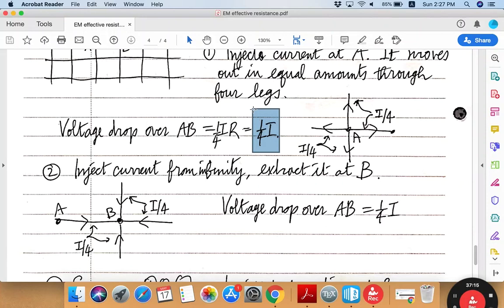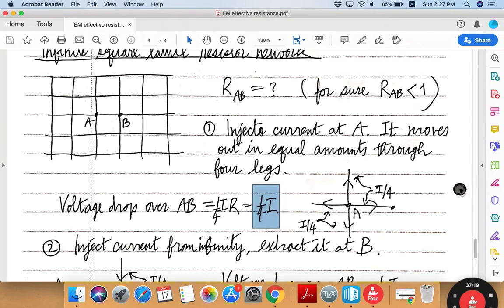Now let's do a second thought experiment. In this experiment, we inject the current from infinity. And when I say infinity, I do not mean an infinity from a particular direction. I mean an infinity from all possible directions.